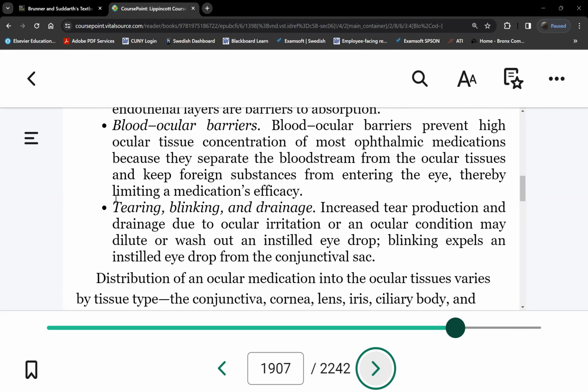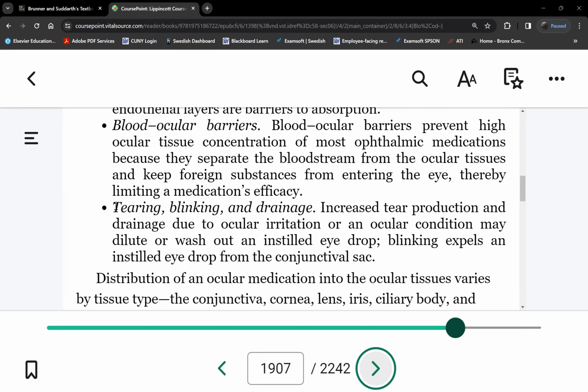And this is also another thing to consider. When we apply eye drops or ointments, for instance, it will automatically trigger tearing, blinking, and drainage. This is a protective response by the eye structures.